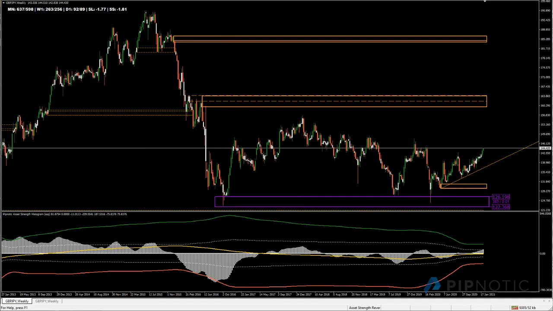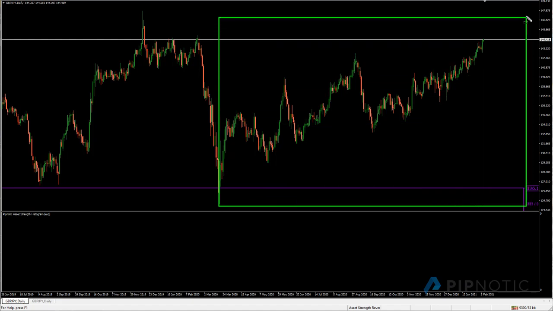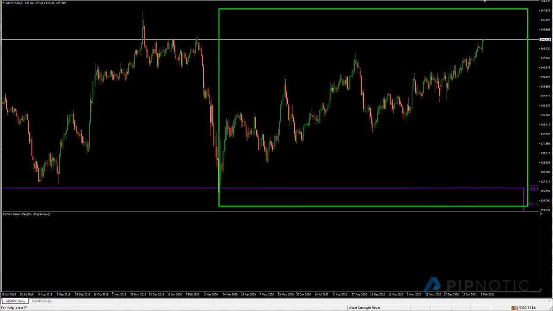So if I remove that, you want to look for the similar thing going on. Okay, so we're going to go down to the daily chart. We're going to do the same thing once again. The buy side is from here to here. The sell side is the other side, from here down to here.